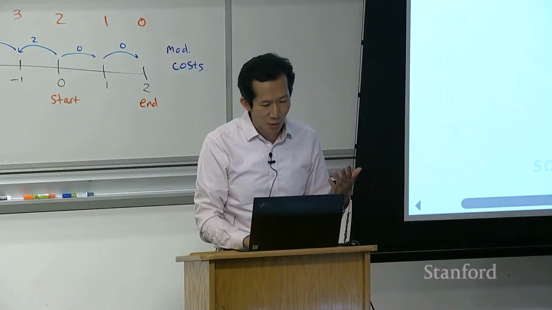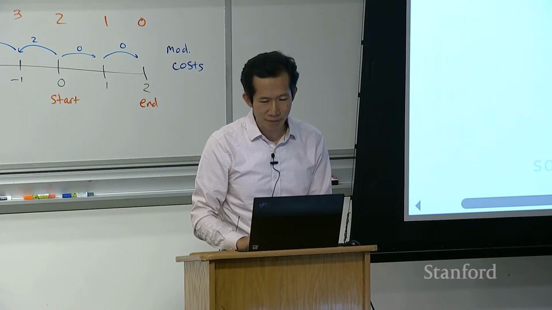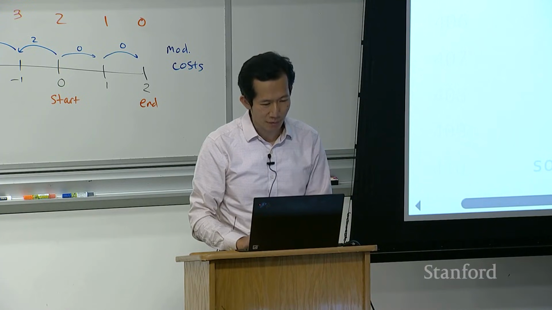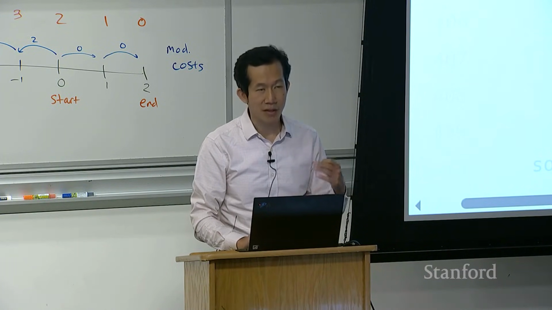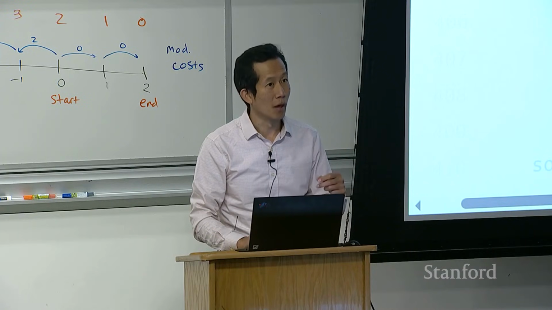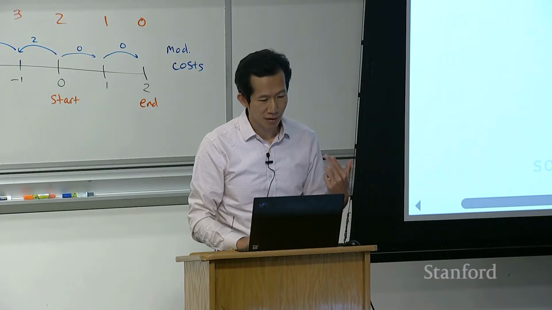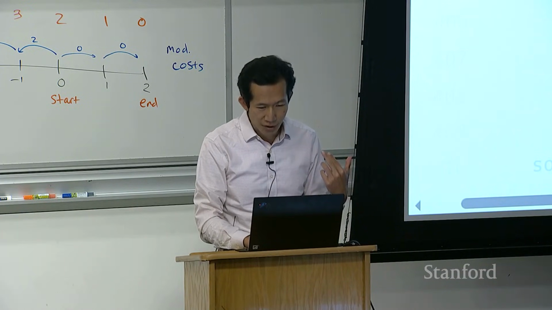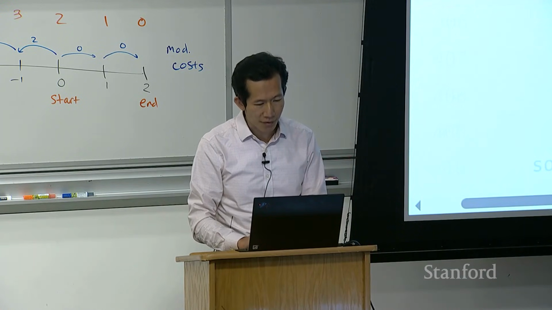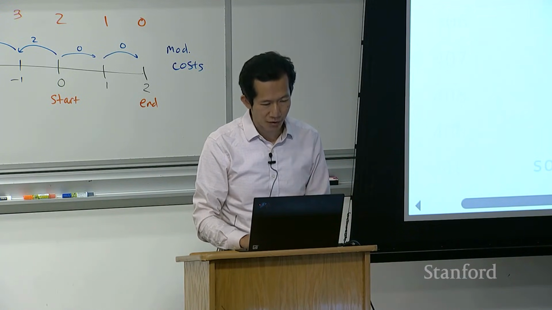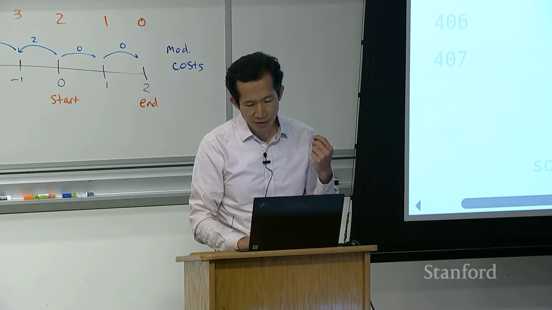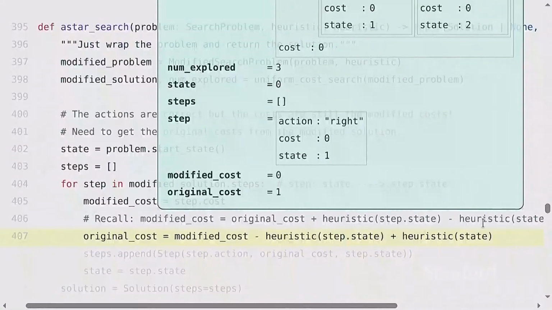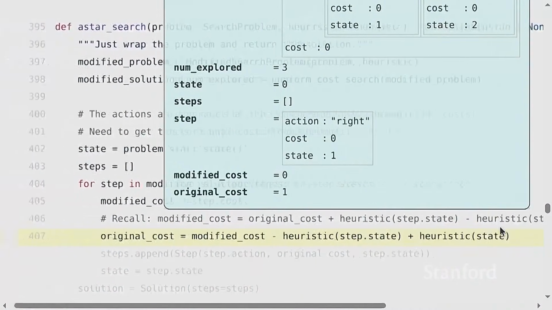So then I just have to go back. This is sort of bookkeeping work where I go through these steps and update these costs to the original cost. So for each step here, this step has the modified cost, which is 0. And recall that the modified cost is the original cost plus the heuristic at the successor minus the heuristic at the state.